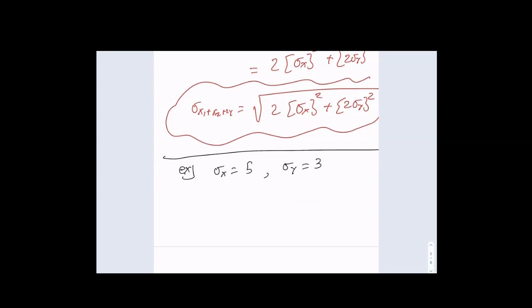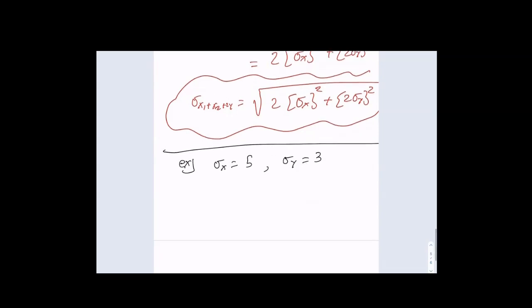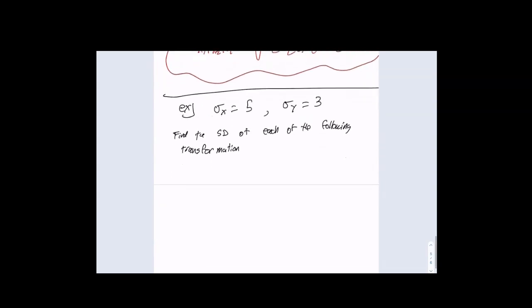On your homework, it looks like the table, just like you did last night. The first one, I want you to find the standard deviation of each of the following transformations. This is pretty much instructions from tonight's homework. Basically, you have 3 problems, and they're going to give you a mixture.